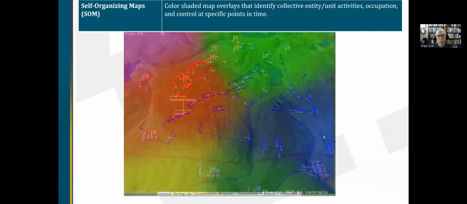Another cousin of support vector machines, self-organizing maps, can do a similar job where they look at the activities or the presence of objects in different geographic areas and identify areas where all of the objects seem to be engaged in combat with each other and classify that as one kind of activity. And another area where the objects from both sides are present, but they're not directly engaged in combat.